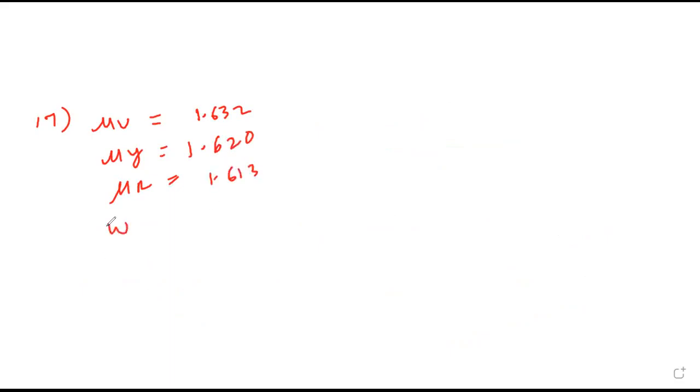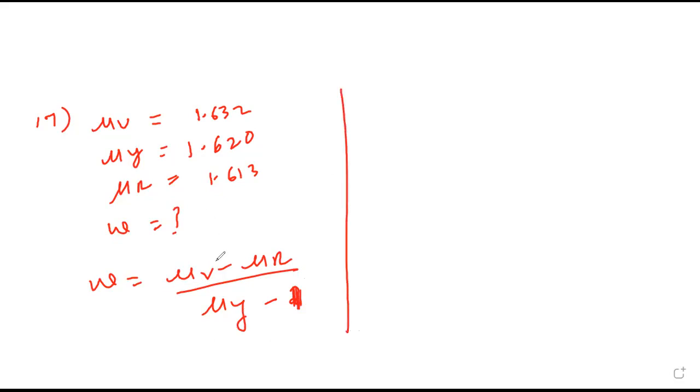Find dispersive power. What is the dispersive power formula? Mu V minus mu R upon mu Y minus 1. This you know, the formula? Yes, sir. Now you can do that, no?